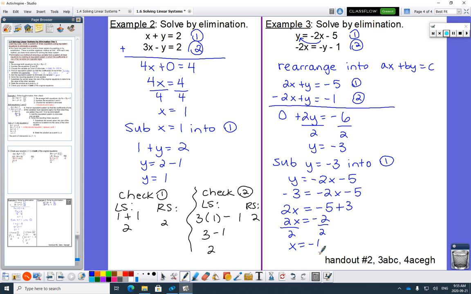I could have chosen to sub the y equals negative 3 into 2. I should get the same answer. So there is a little bit of variety.